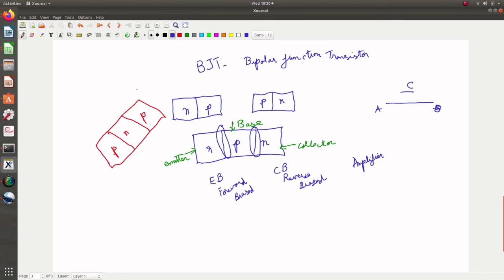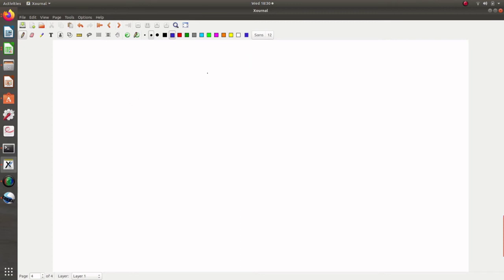If we draw the band diagram of a transistor, we will be discussing it using the NPN type. The block diagram of the NPN transistor will be like this. If we draw the band diagram of this NPN transistor, remember the band diagram of the PN junction. The Fermi level at equilibrium will be constant.